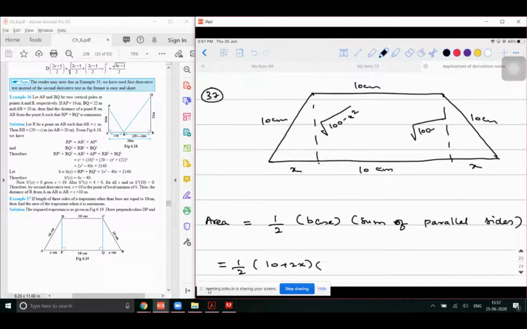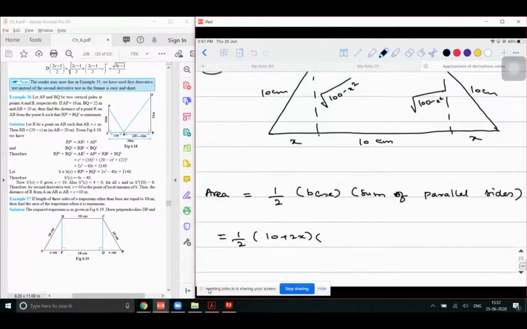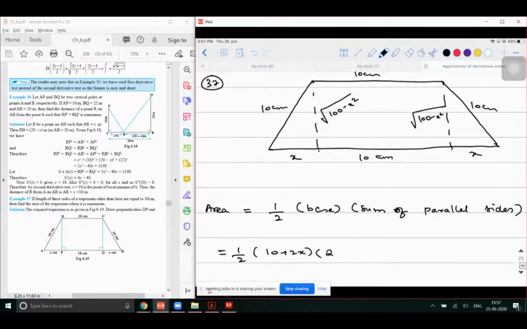This will also be root of 100 minus x square, applying the Pythagoras theorem. Okay, I reversed it actually. It is half into height into sum of the parallel sides.